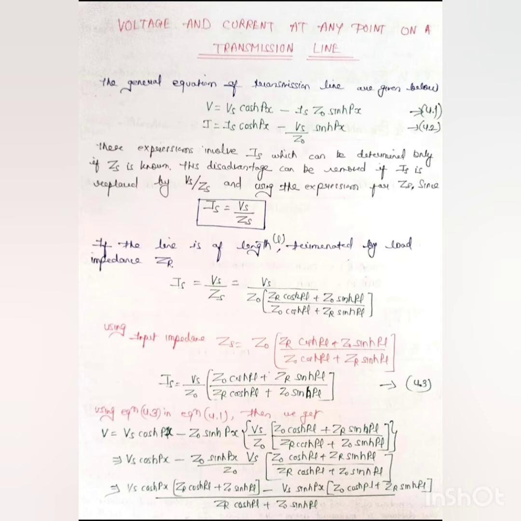Zs is the input impedance, and the input impedance of a transmission line is already derived in the previous video.